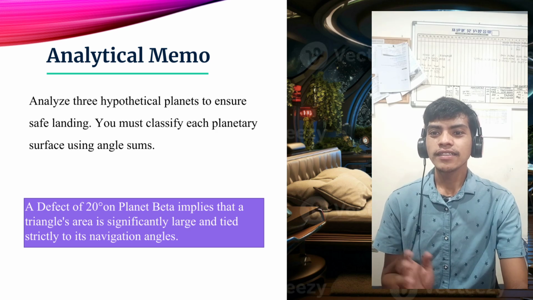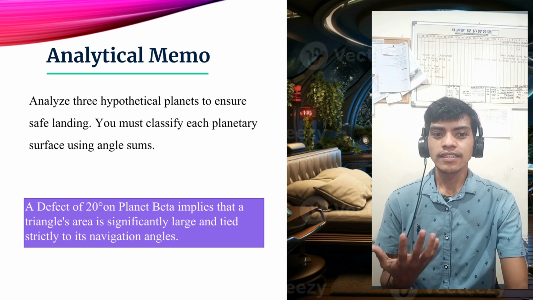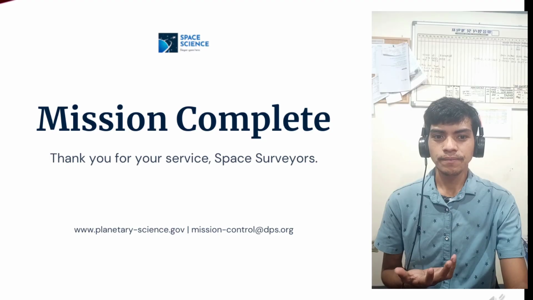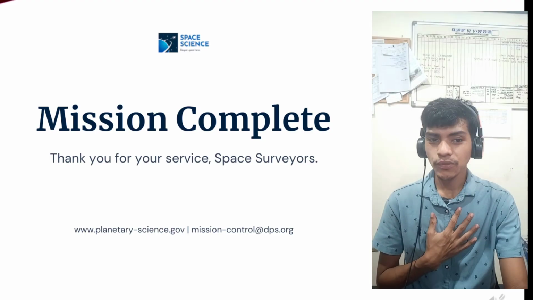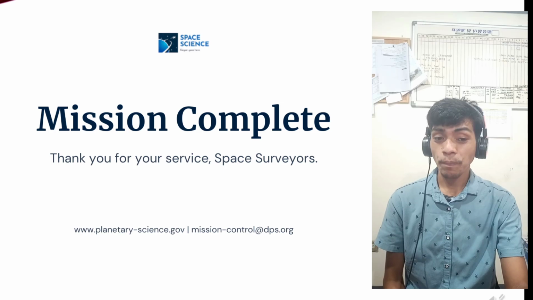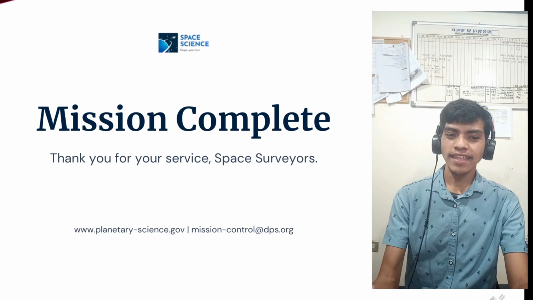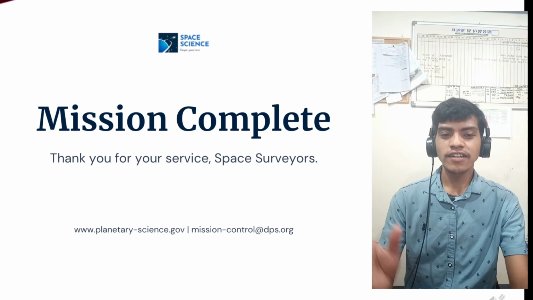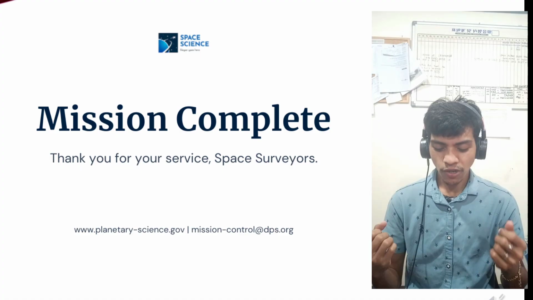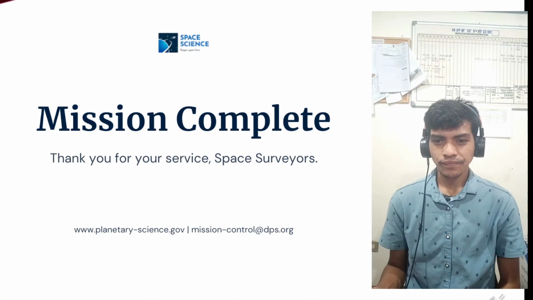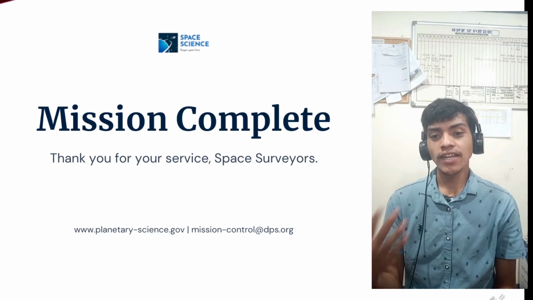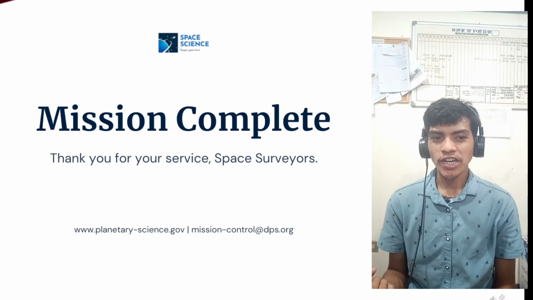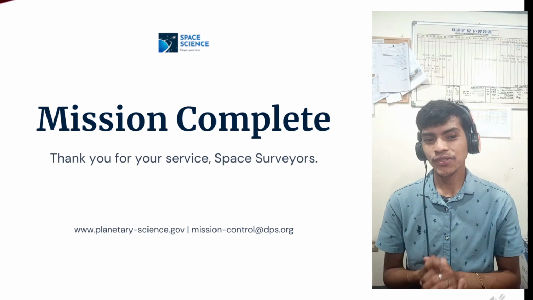So this concludes our briefing. Remember the golden rule of hyperbolic geometry: the shape of our space dictates the laws of our geometry. Mission complete. Now, as space surveyors, you are ready to submit your analytical memos to mission control.